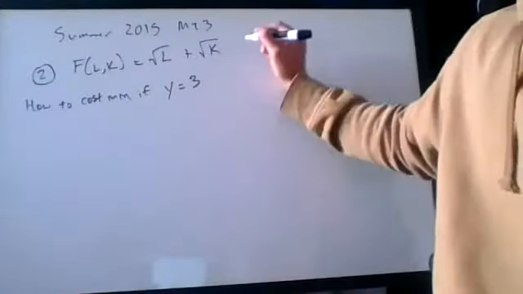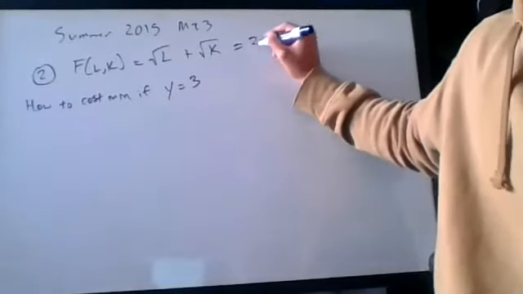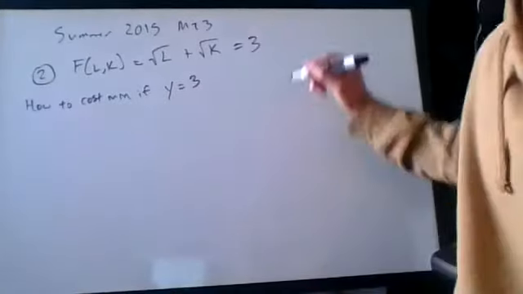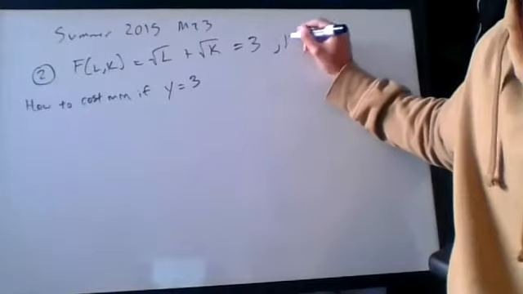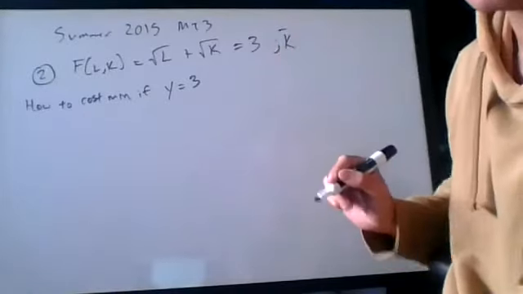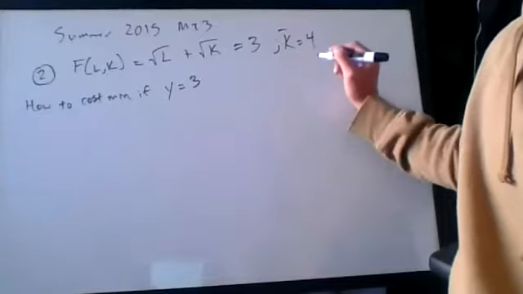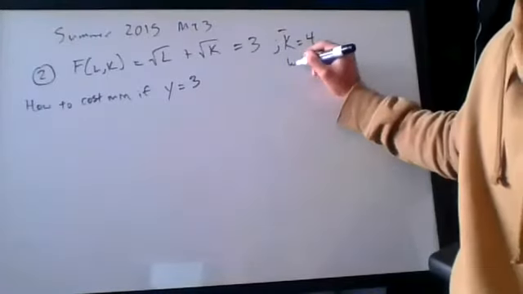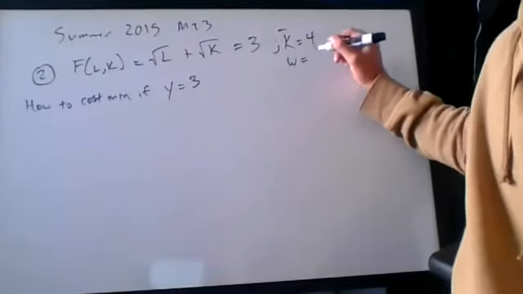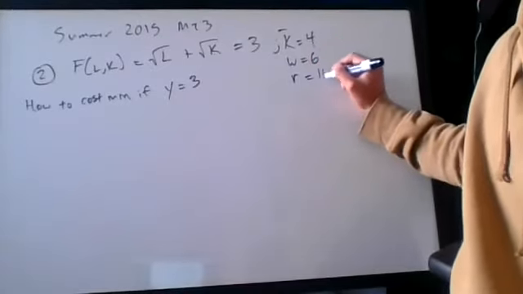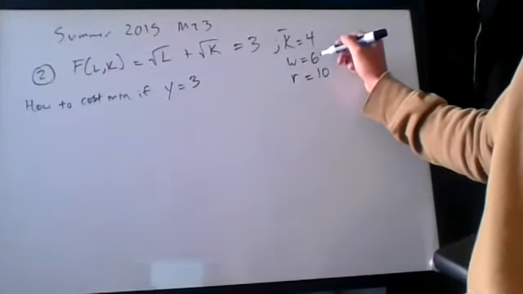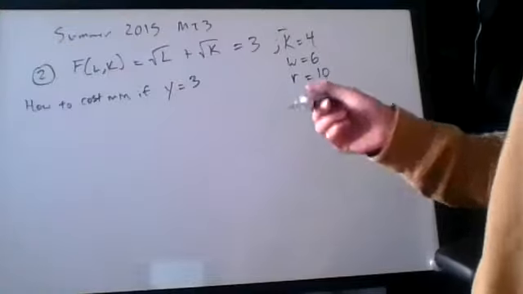Basically, we want to produce 3 units of production, and we're given that K is fixed at 4 units, W is fixed at 6, and R is 10. This is the cost of labor, and this is the cost of capital.